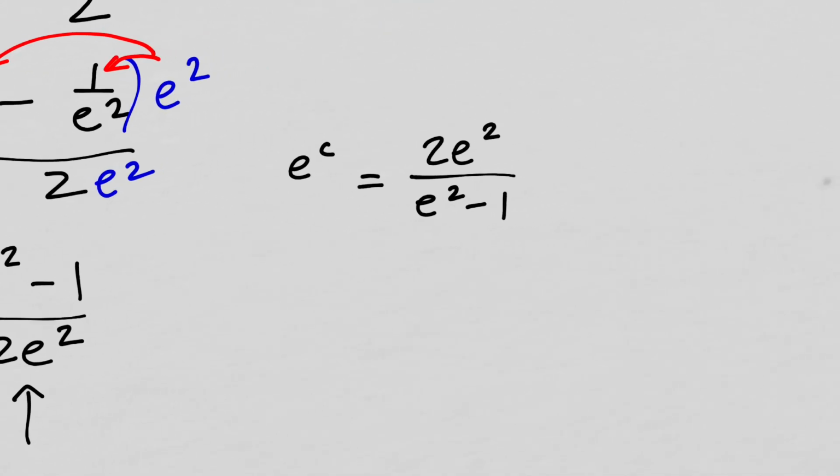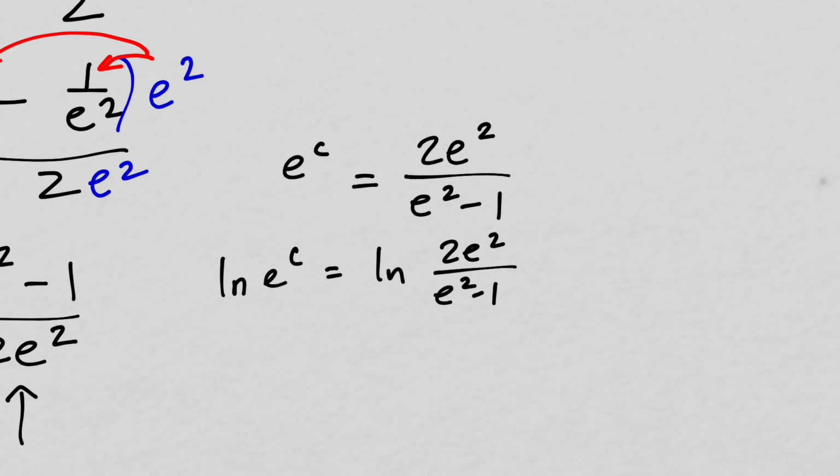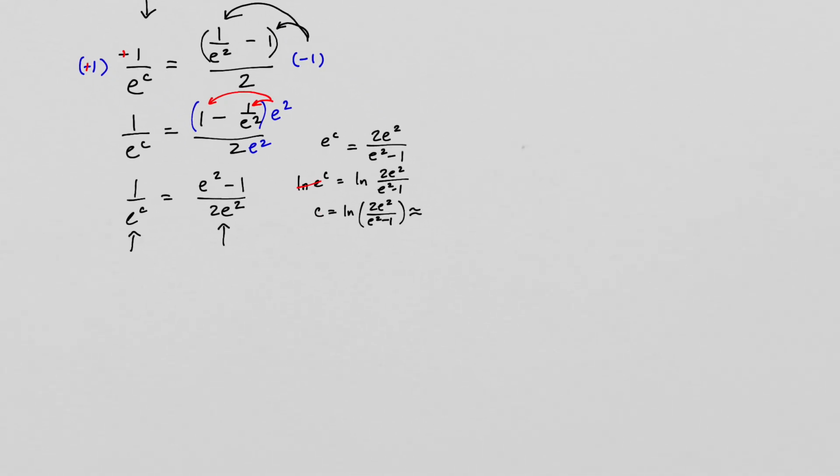And how do you solve this for c? Well, you remember you need to take a natural log of both sides. And the natural log of e to the c is just c. And then we have the natural log of 2e squared over e squared minus 1. And let's go ahead and bring in the approximation for this.